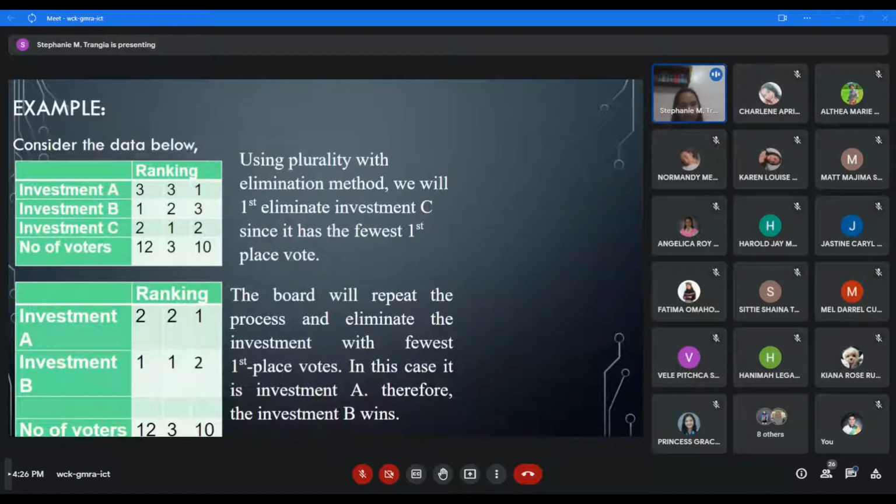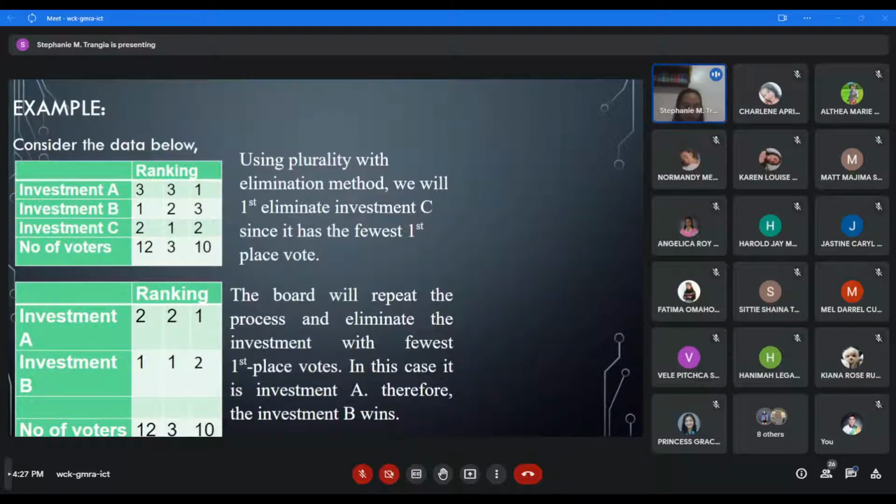By looking at the first place votes nila, C actually has the lowest first place vote. So, C ang i-eliminate nato first, leaving A and B sa ato ang i-consider. Now, kay duha na lang man sila, atong i-convert ilang points into rank 1 and rank 2, depende sa makadaog or higher rank.